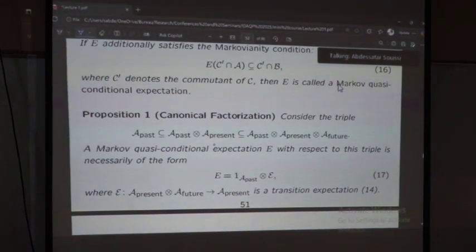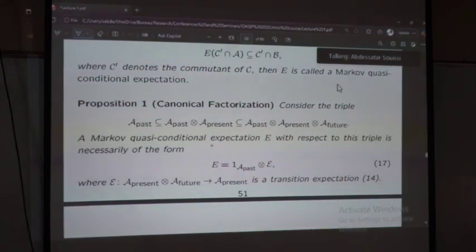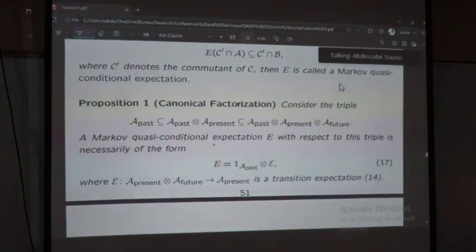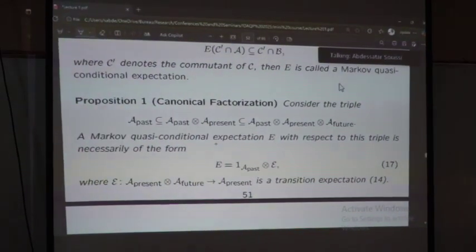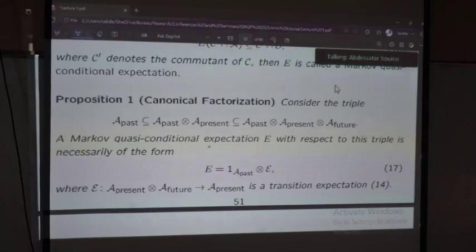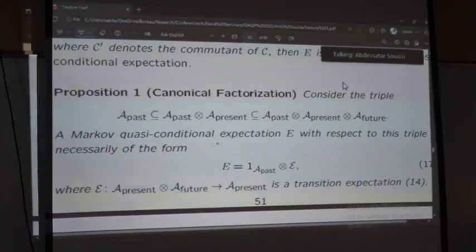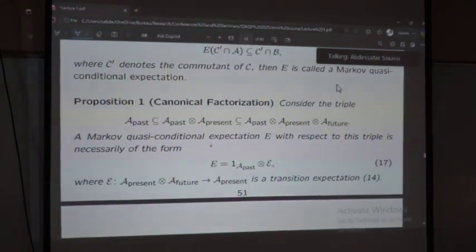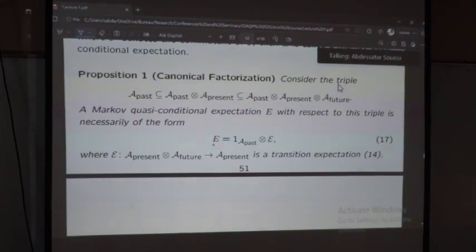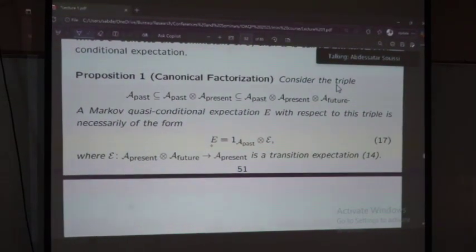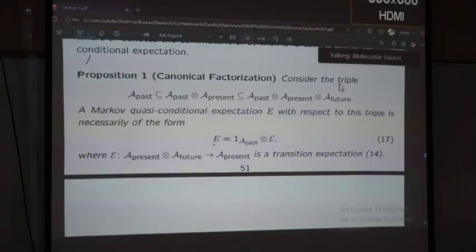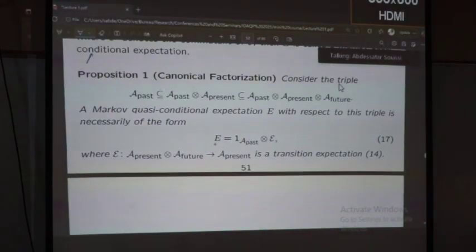If we are given a triple of algebras, like the past algebra, if you remember the relation that we considered in the infinite tensor product of algebras, here the past algebra is indeed the algebra A_{0 to n minus 1}, and the present algebra is A_n. Let's use the same notation here.